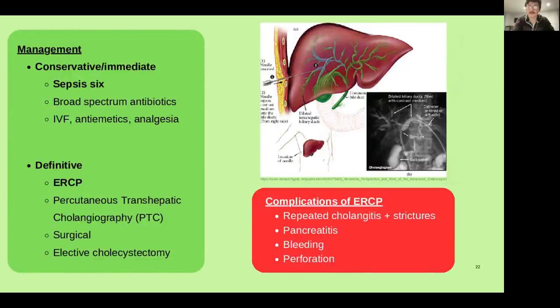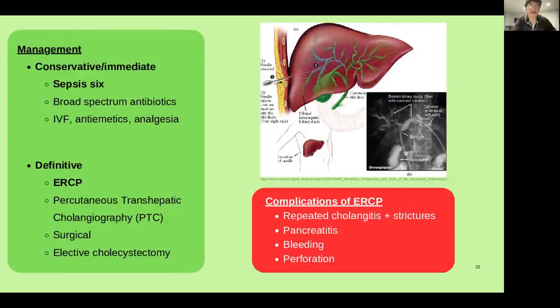So pancreatitis, for example, which we'll come on to. Repeated cholangitis, strictures, so any instrumentation can cause stricturing, bleeding, and even perforation, which is quite serious, obviously, and might need surgery. So it's not risk-free. It's definitely something you don't want to take too lightly.